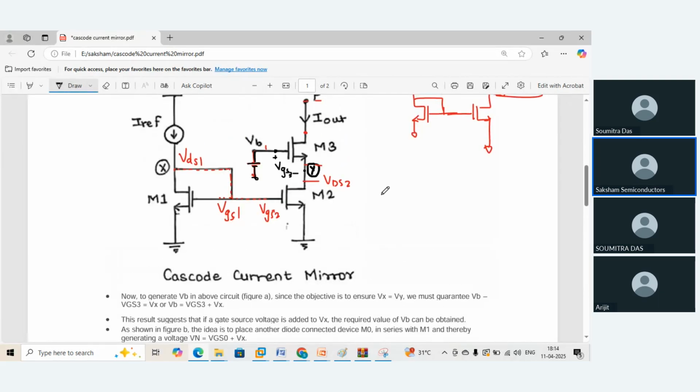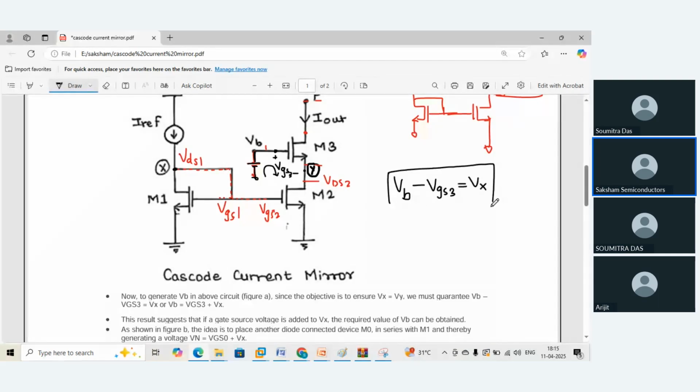In order to do that, I'll see to it that this VB, and if I apply a loop equation over here, VB minus VGS3, whatever I'm going to get, if this drop over here, VB minus VGS3, is equal to this voltage Vx, then I can say that my Vy will be the same as Vx.